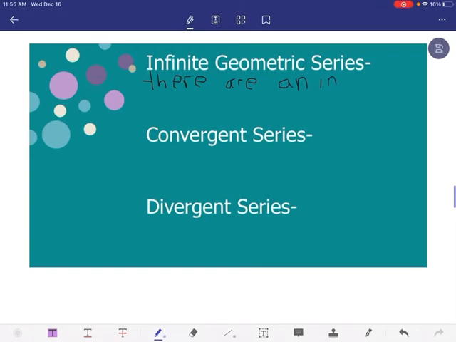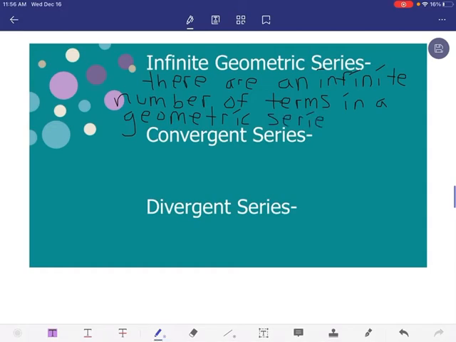There are an infinite number of terms in a geometric series, which remember means it's going to go on forever.